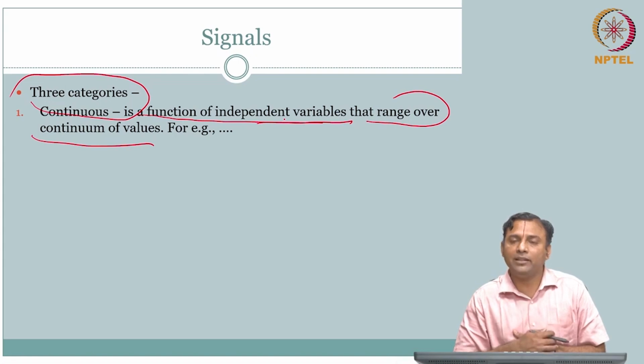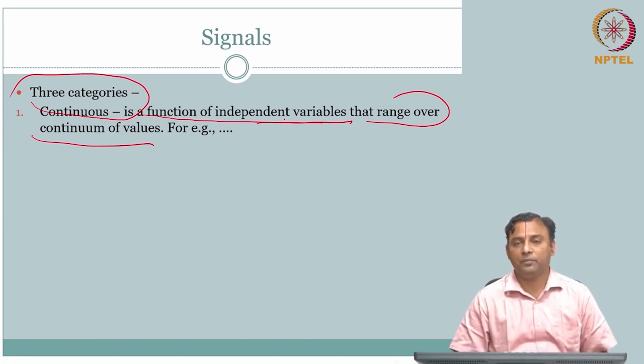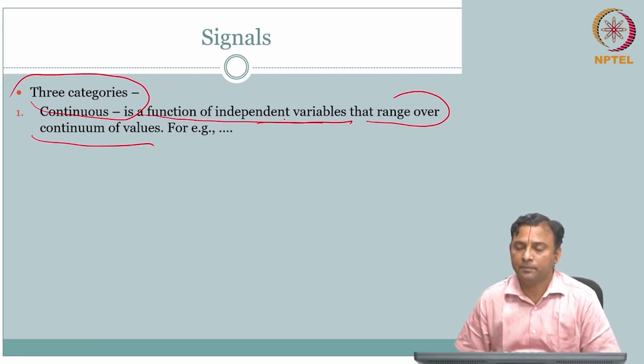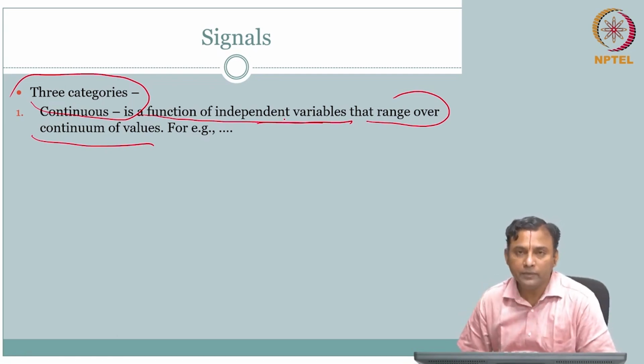What do we mean by that? That means you have a function having two independent variables, and those are continuous, or they range over a continuum. So in our case, what comes to your mind?